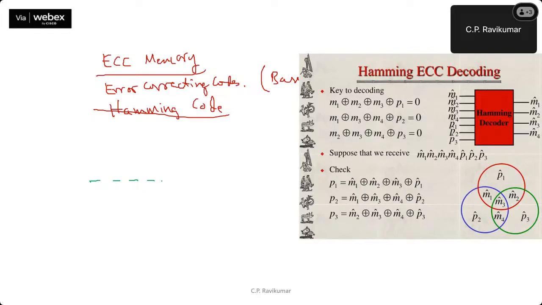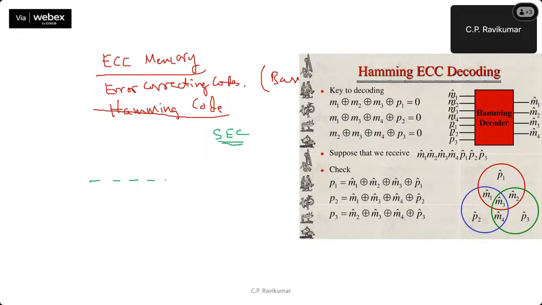And we want to be able to specify where the error is, right? The error checking code or the error correcting code should be able to detect and correct a certain number of errors. So we look at a single error correction. So SEC means single error correction.